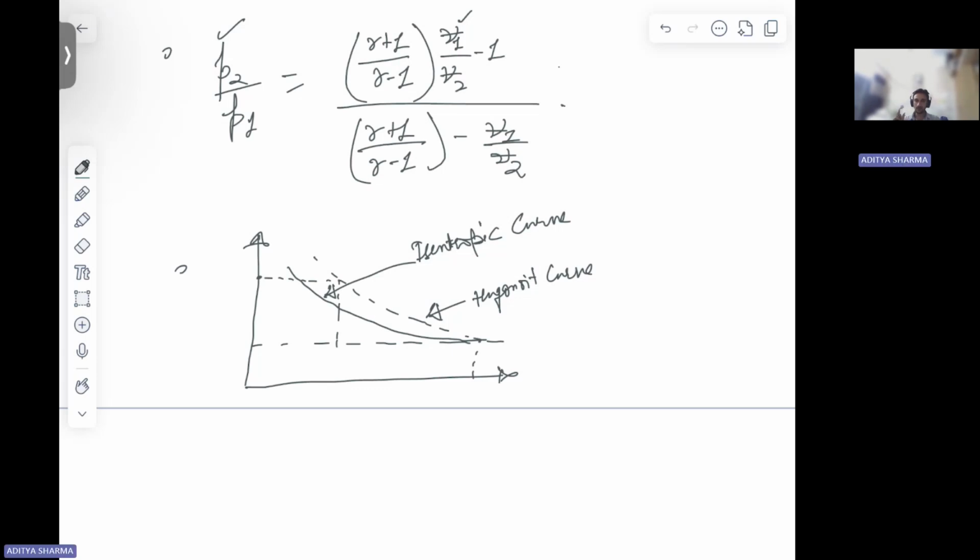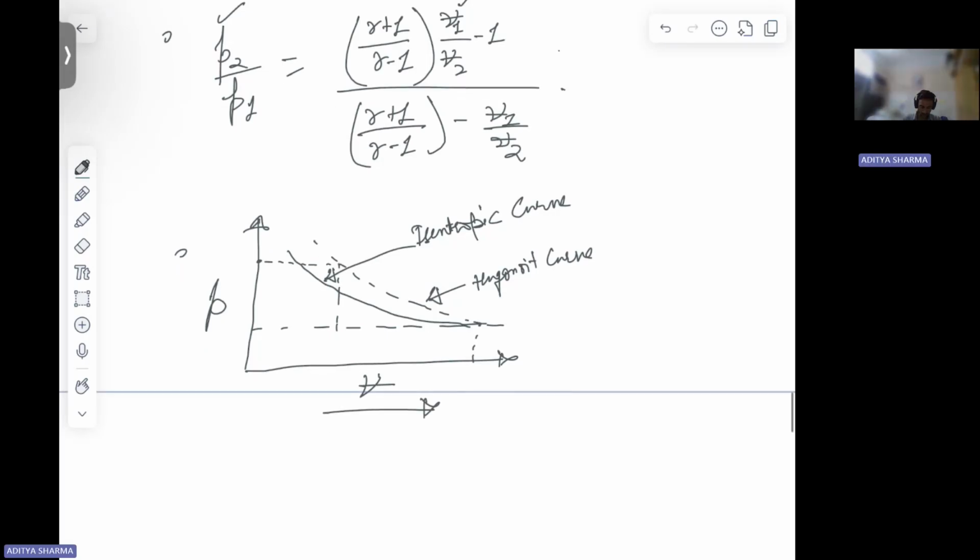Now if the compression is isentropic, which is not the case for a normal shock, this is the plot between pressure and specific volume.